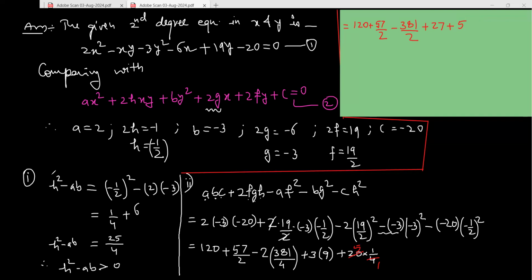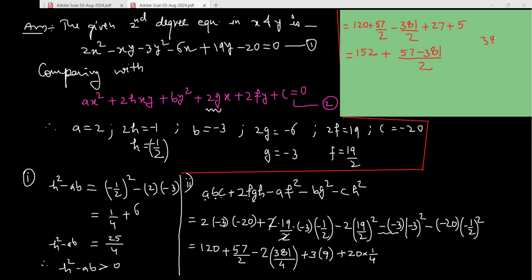Got that? This is the common denominator. So 120 plus 32 is 152. Then here you have plus 57 minus 381 upon 2.